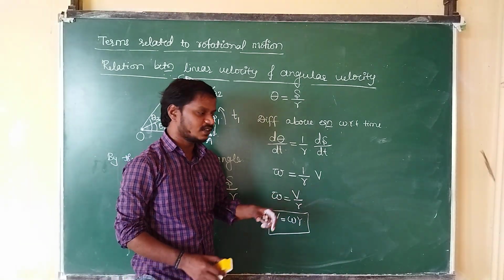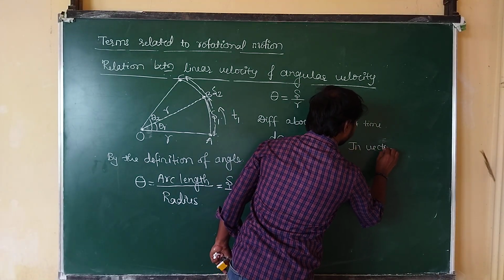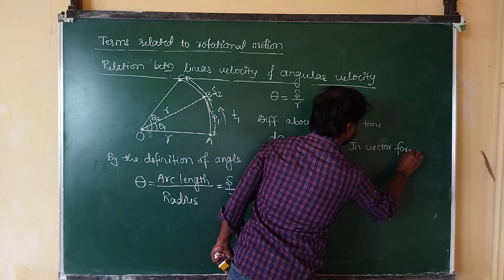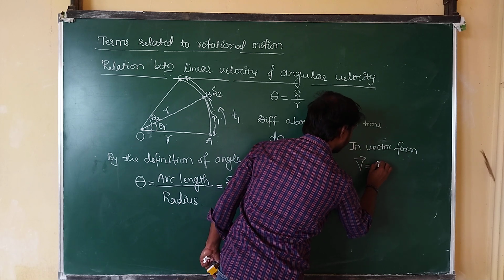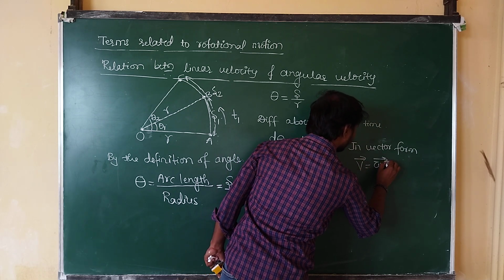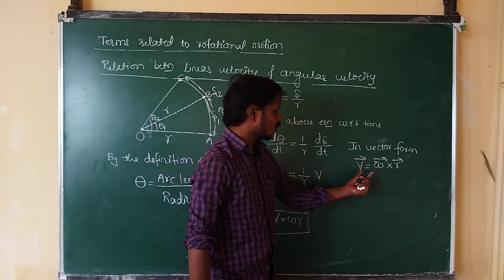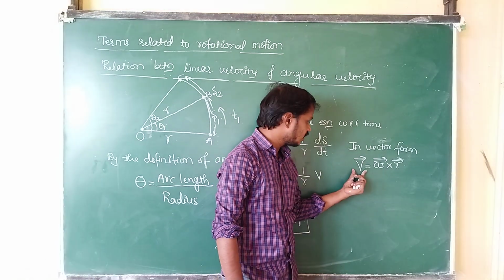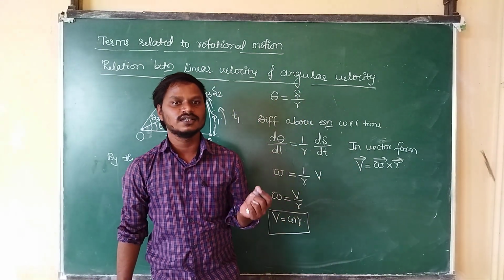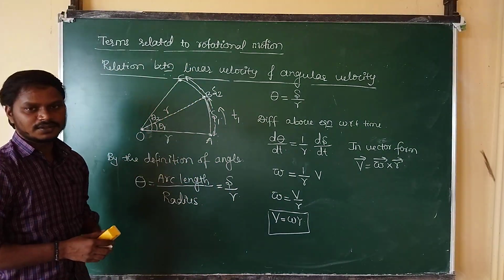In vector form we can write vector v is equal to omega cross r. What is omega here? Angular velocity. What is r here? Radius vector. What is v here? Linear velocity. So this is the relation between linear velocity and angular velocity.